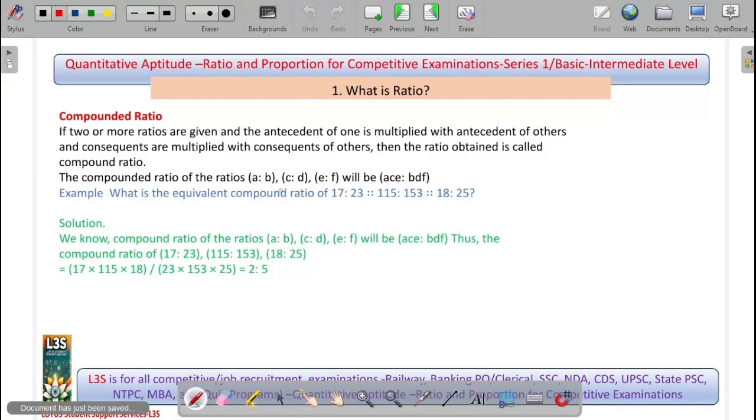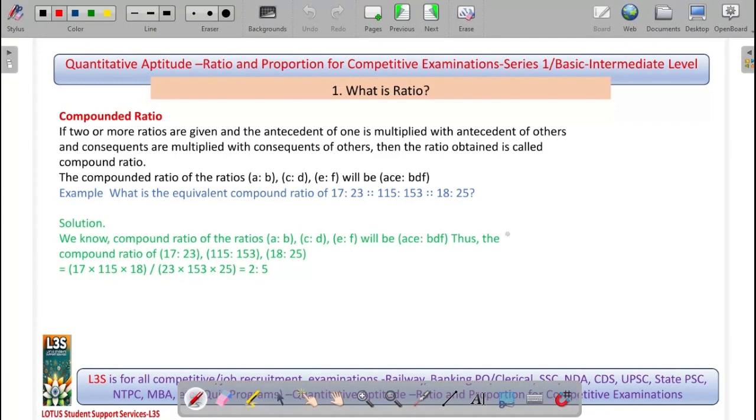The compounded ratio of A is to B, C is to D, and E is to F will be: antecedents are A, C, E, so A, C, E is to what? Consequents are B, D, and F. So A, C, E is to B, D, F.